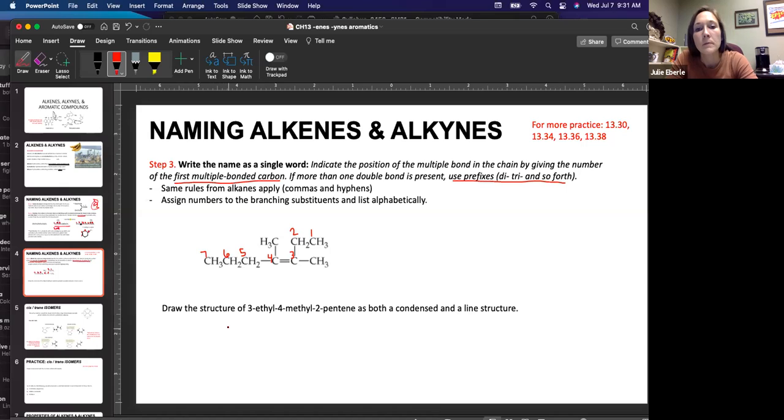Now, what's my root parent name for this compound? Remember, we have meth, eth, prop, but, pent, hex. 7 is hept, so this is going to be a heptene.